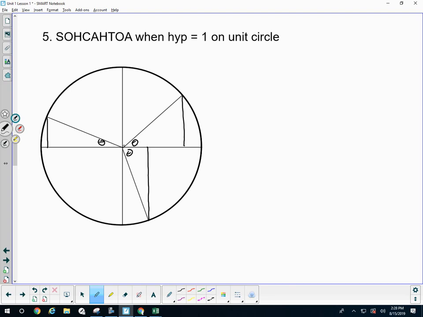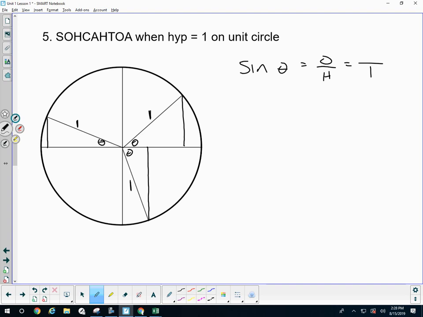If this is the unit circle, all of these triangles have a hypotenuse of 1, right? The sine of all of these angles, and these are the reference angles with the x-axis that we are going to worry about, always equals opposite over hypotenuse, right? Well, the hypotenuse is always 1. So that's good.